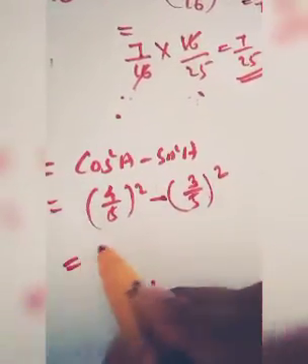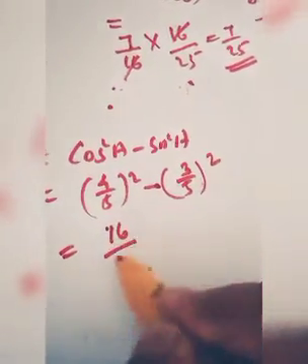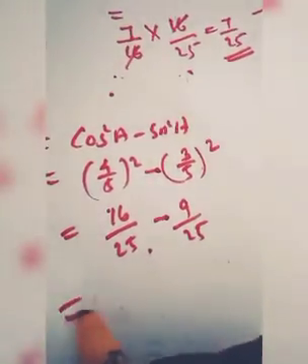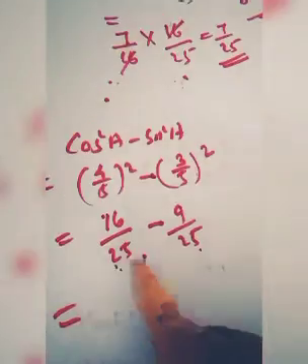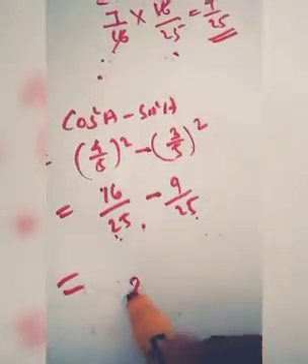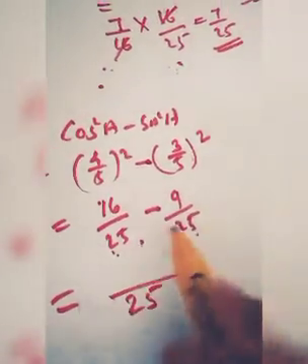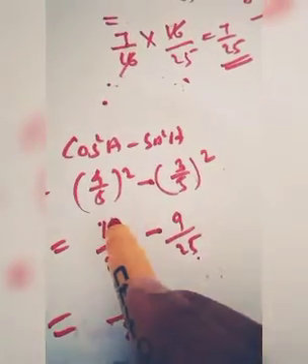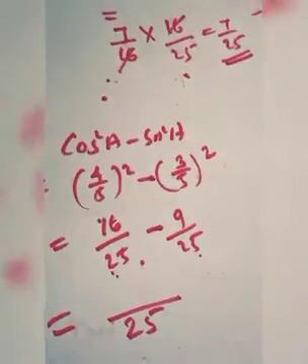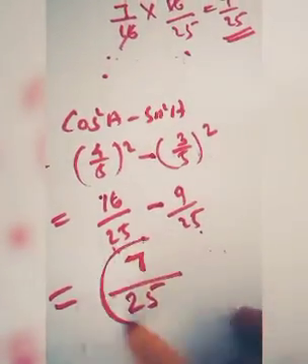Clear? So it becomes 16 by 25 minus 9 by 25. We took square, so the denominator is the same. How to subtract two fractions with the same denominator? Just write the denominator as it is, then subtract the numerators. 16 minus 9, 7. So the answer will be 7 by 25.